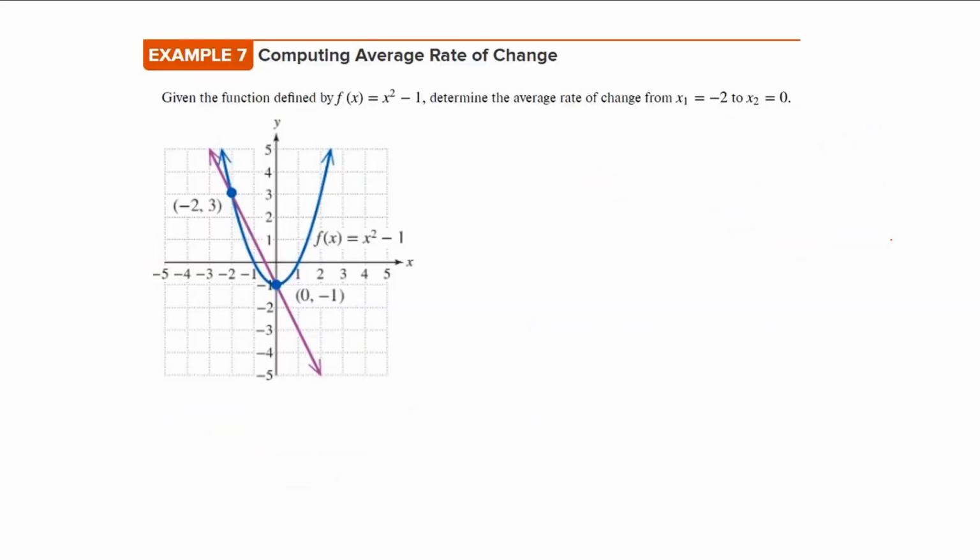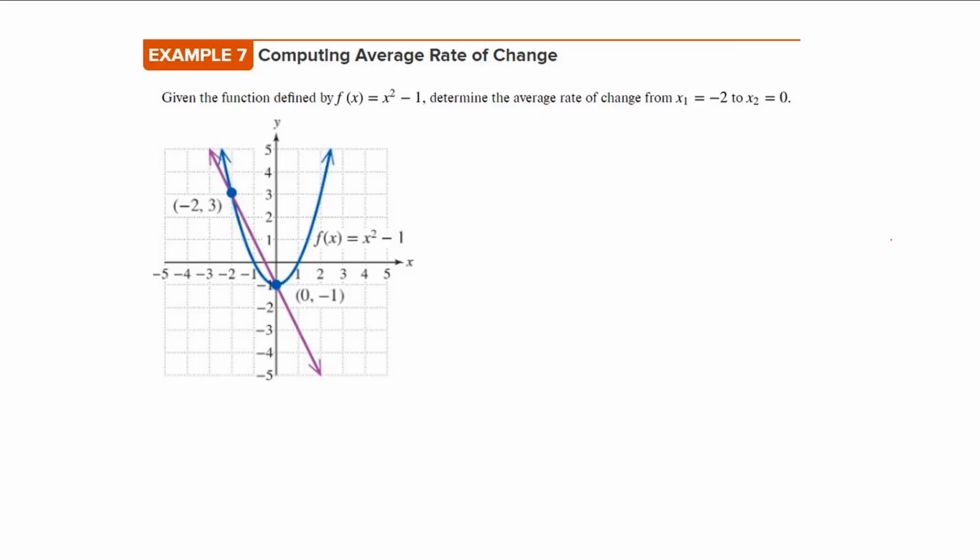Okay, computing the average rate of change here, you've got a function f of x equals x squared minus 1, that blue curve, determining the average rate of change from x sub 1 equals negative 2 to x sub 2 equals 0. It's the same thing. You are just looking at 2 points on this function, the blue function, the parabola.